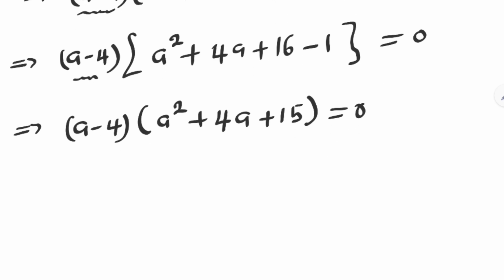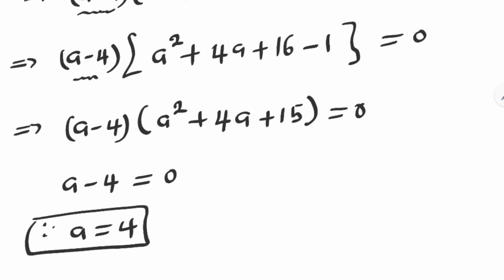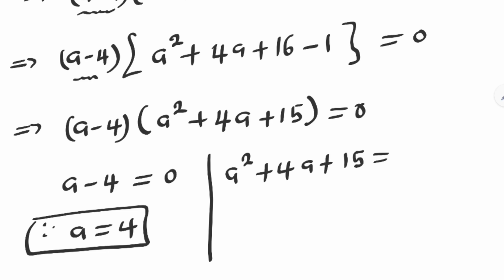The first case is a minus 4 is equal to 0. Therefore, a is equal to 4. This is the first value of a. And the second case is a squared plus 4a plus 15 is equal to 0. This is a quadratic equation which can be solved using the quadratic general formula.